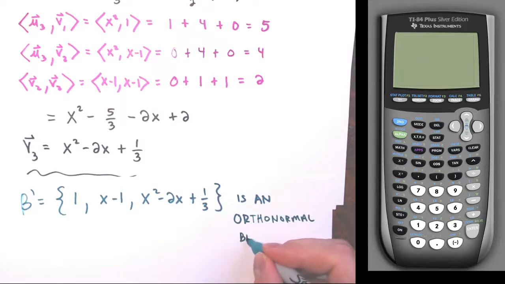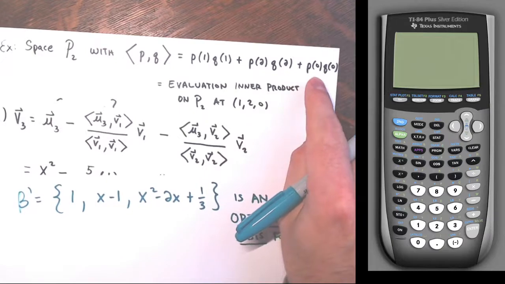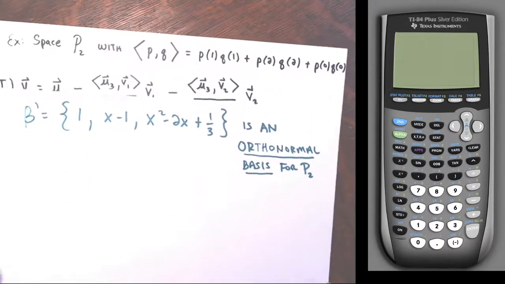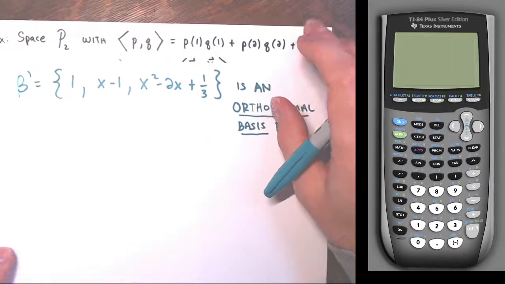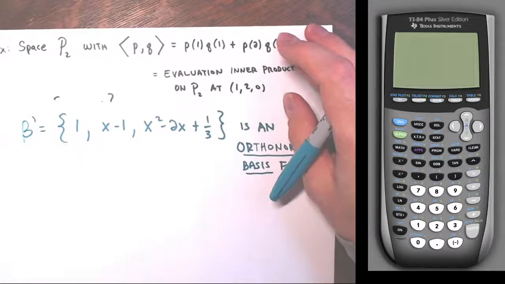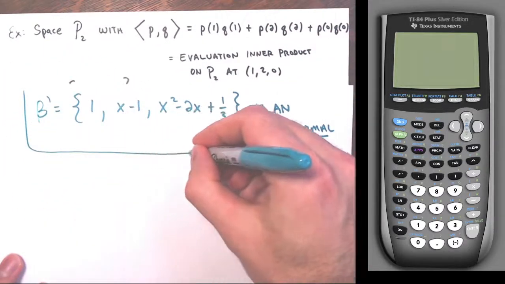An orthonormal basis for P2 under this inner product, under this actual inner product this time. Okay, then let's find an orthonormal basis for P2 under this inner product. So here's, again, the orthogonal basis.